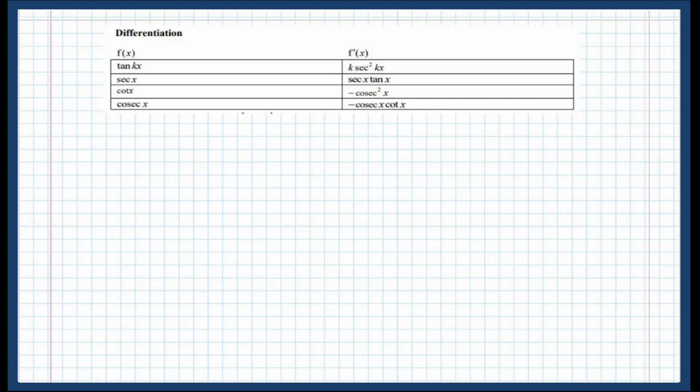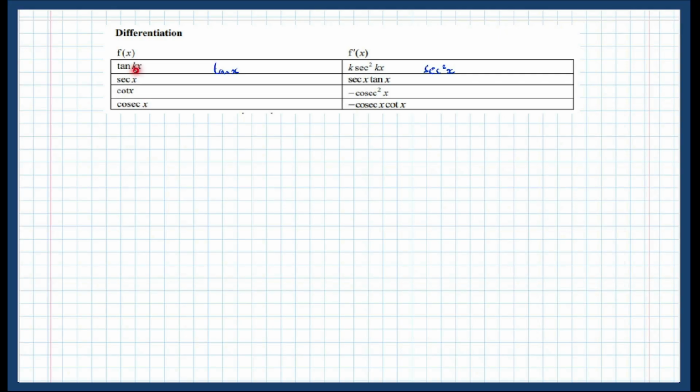So let's have a look at this formula sheet. And there's the list of all differentials that you're given in the formula sheet. So we're given that the differential of tan of kx is k times sec squared of kx. Now the way I read that, I forget about the k for now, that's just telling me that tan x differentiates to get sec squared x.